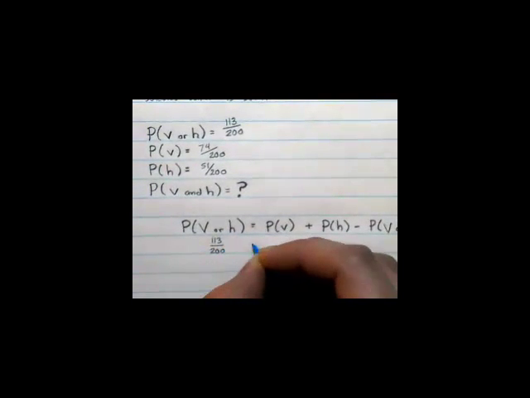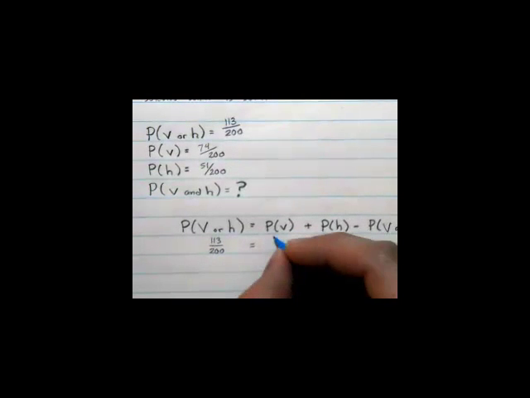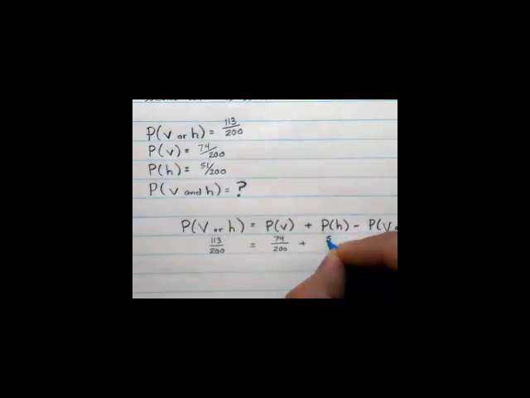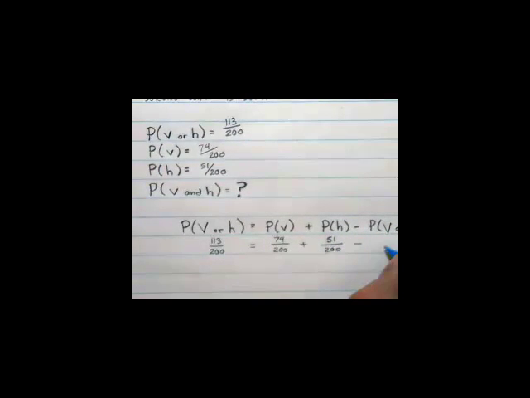We've got 113 out of 200 equals 74 out of 200 plus 51 out of 200 minus, we'll just call it x for now, for lack of a better something to put there. Something we don't know, we call it x usually in mathematics. So we're going to solve this equation for x now. Okay, so what is 74 plus 51? 125.